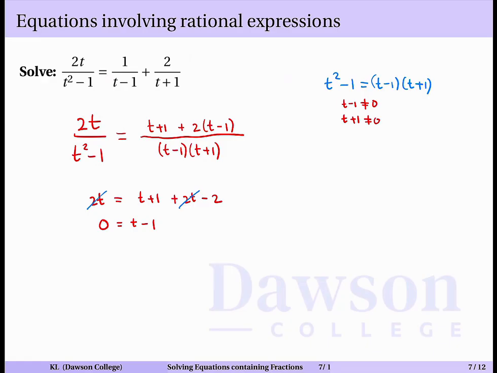But then we have this equation, t minus 1 equals 0, which means this can't happen. Therefore, there's no solution. There are no solutions. Okay?